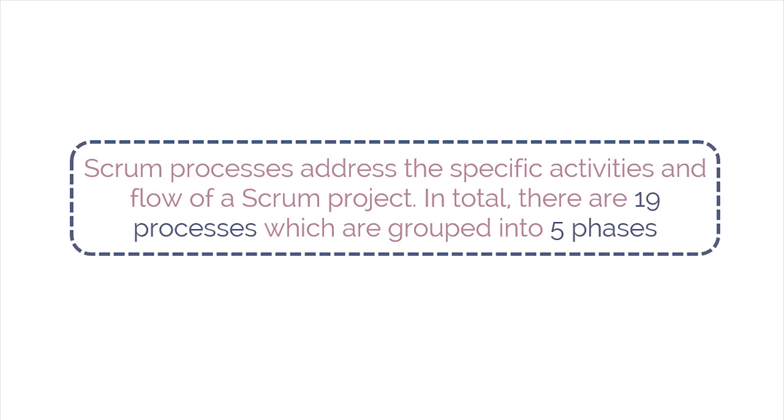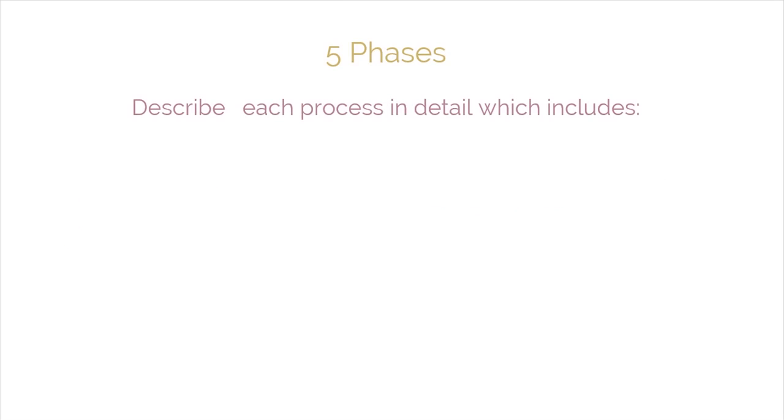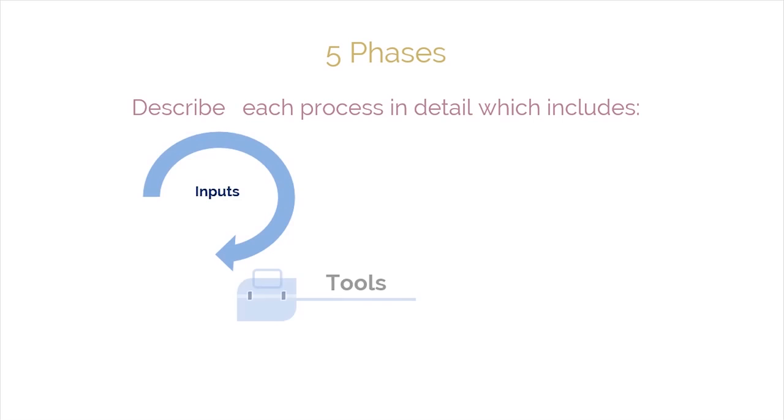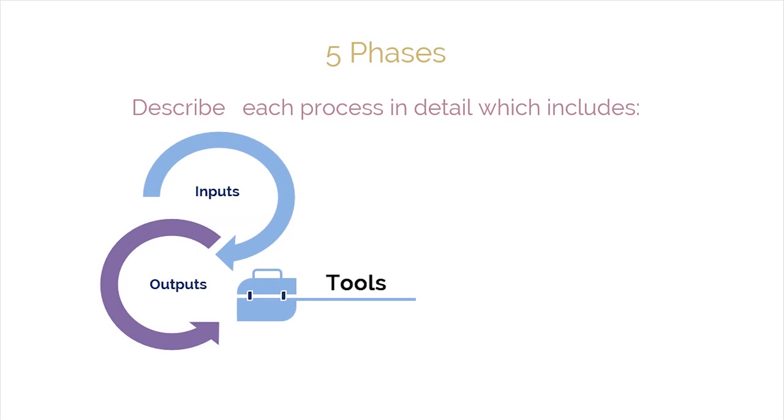In total, there are 19 processes, which are grouped into 5 phases. These phases are presented in chapters 8 through 12 of the SBOK Guide. These 5 phases describe each process in detail, including the associated inputs, tools, and outputs. Also, in each process, some inputs, tools, and outputs are designated as mandatory, while others are designated as optional.